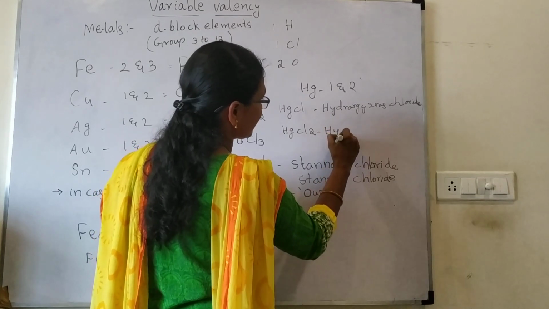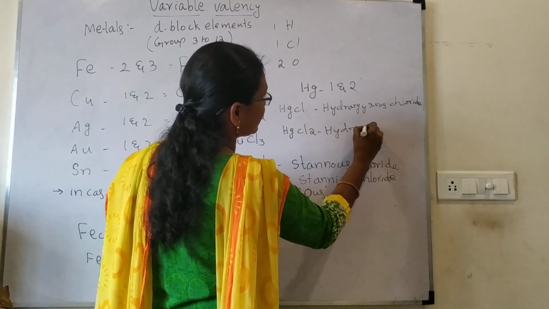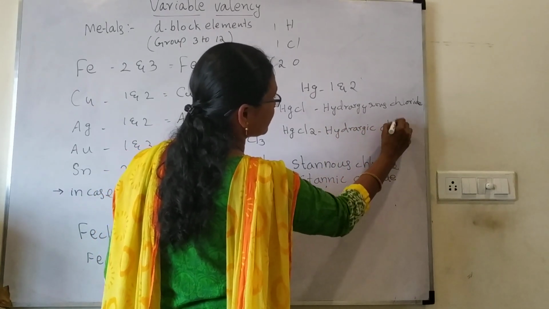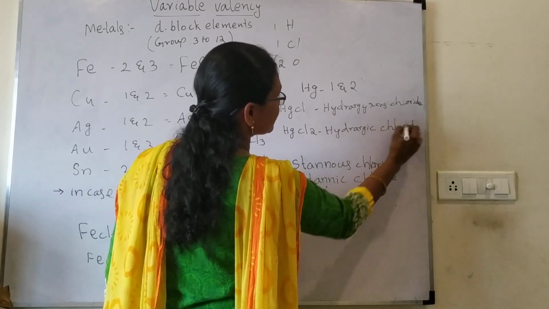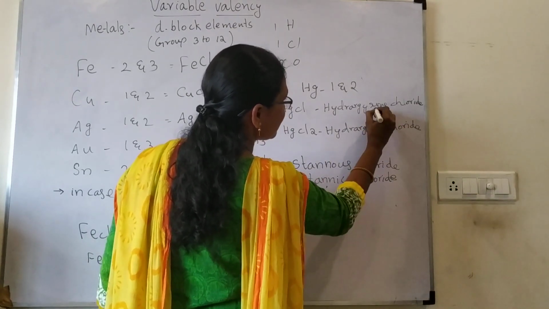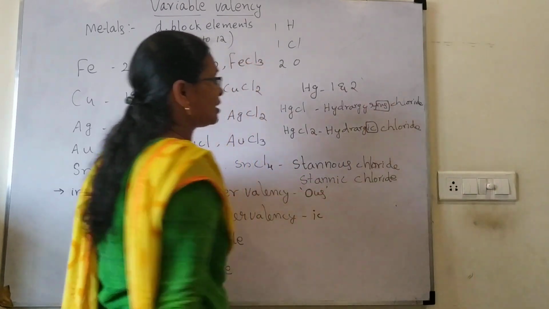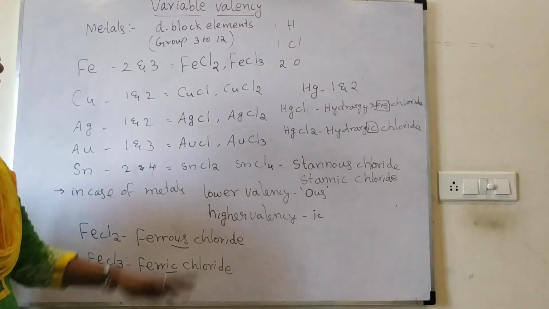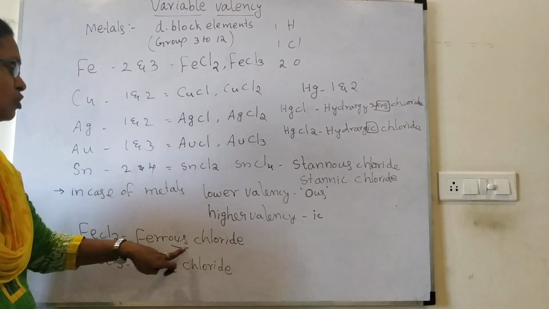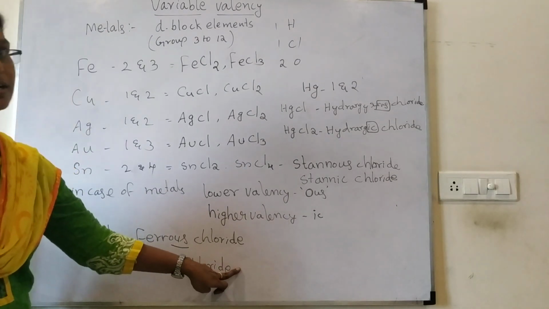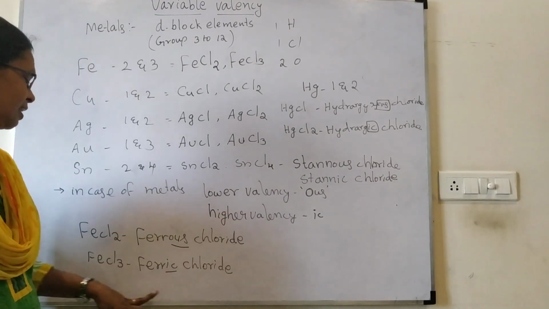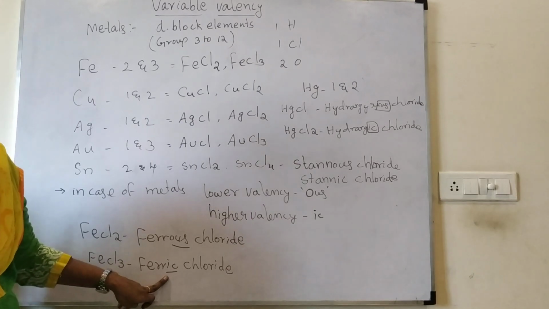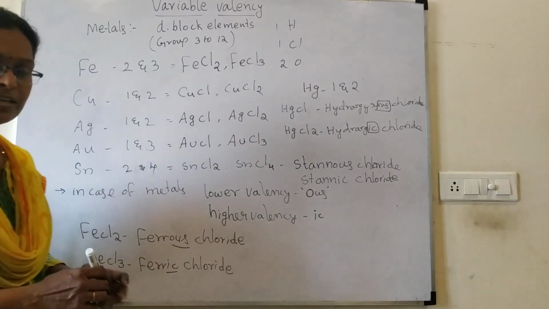This is mercuric chloride. So now you see here also IC, higher valency. IC, OUS is the lower valency. So based on this, metals will have OUS, in the sense lower valency, in case of the chlorine atom, and higher valency will be considered with IC. So like this we can say the metals.